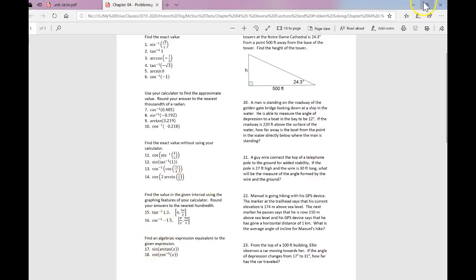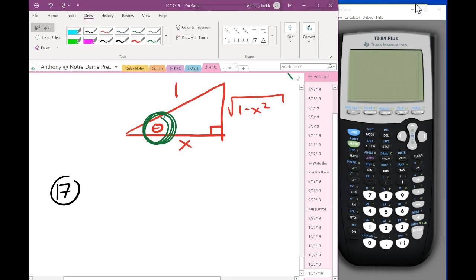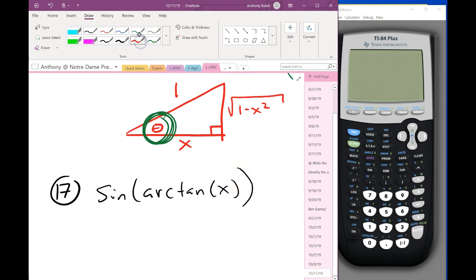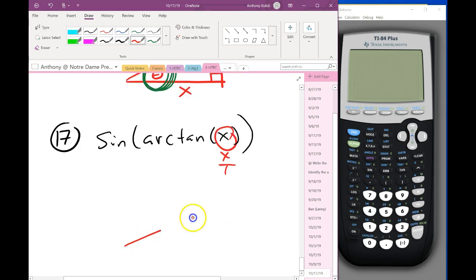So sine of arctan of x. So remember, arctan and tan inverse are really the same thing. So just like before, I'm going to think about x as a ratio, specifically x over 1.